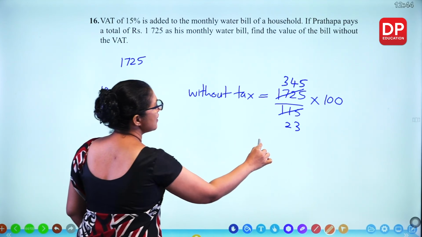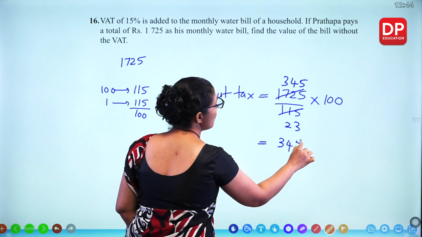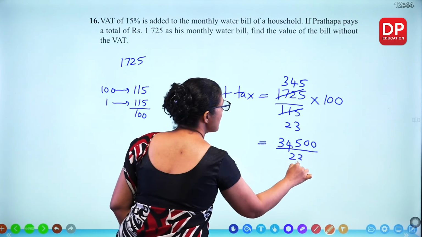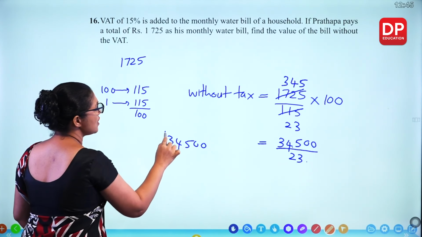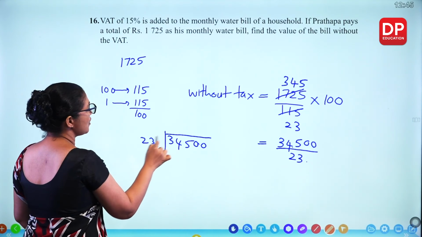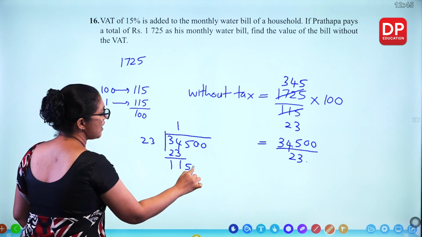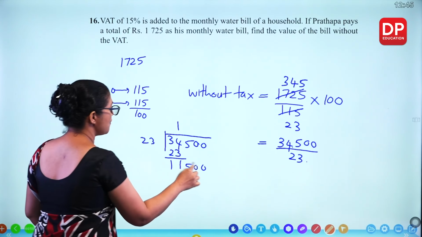And multiply by 100, you get 34,500. Divide by 23. So we'll do long division. 23 times 1, 23. When you subtract, you get 115.